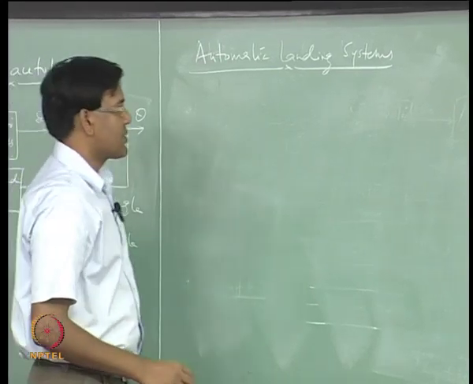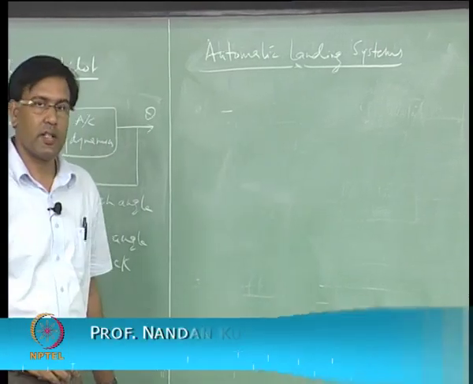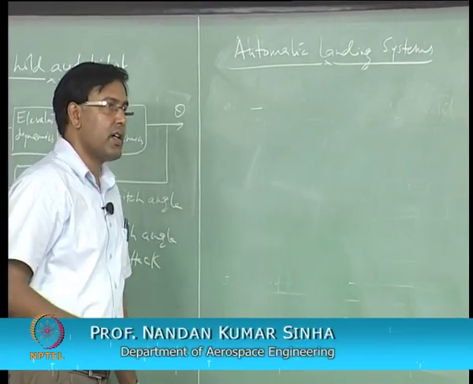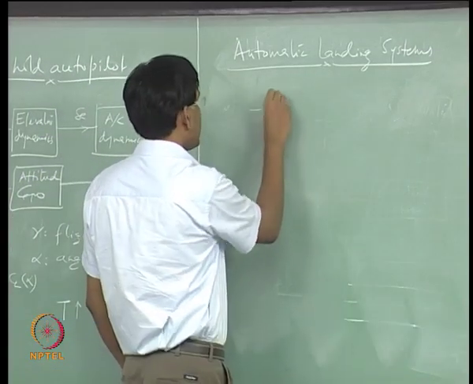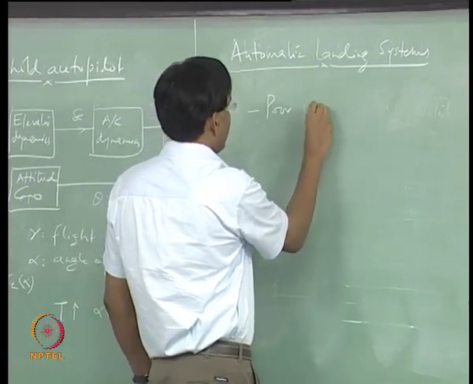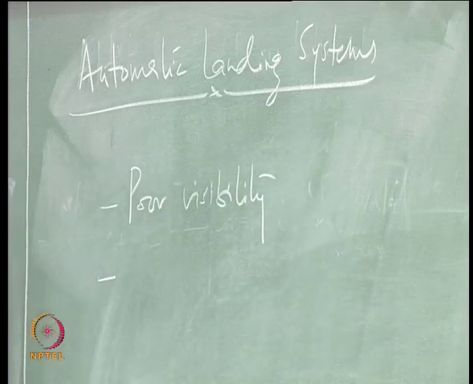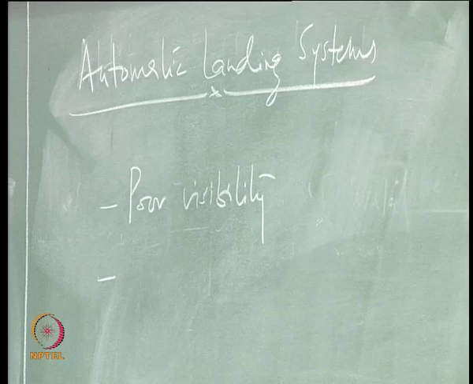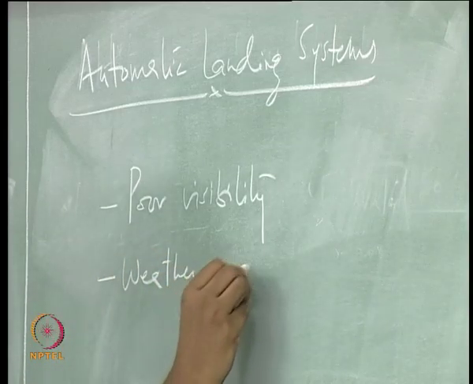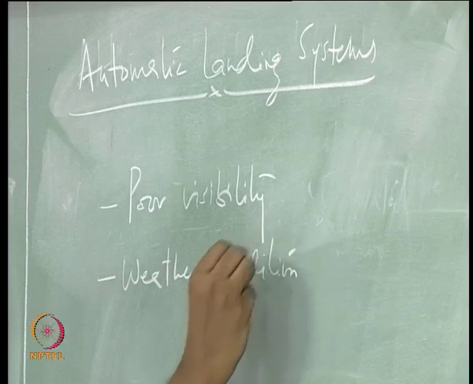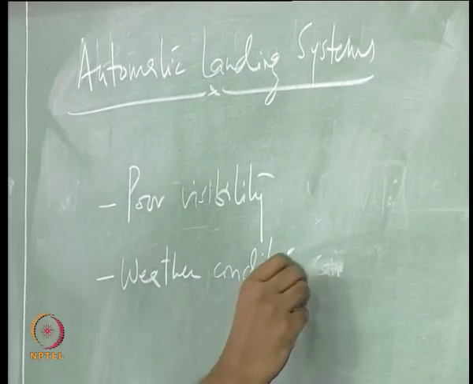Automatic landing systems. Landing is usually a difficult maneuver because many times the visibility near the ground may be poor, or the weather condition can be poor or bad.